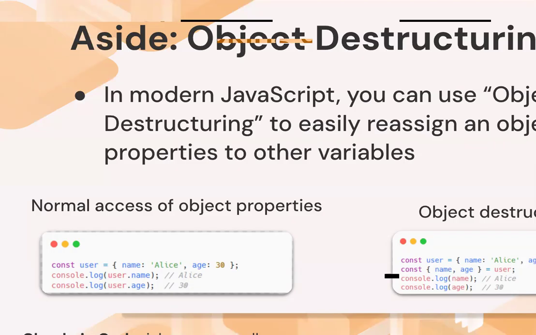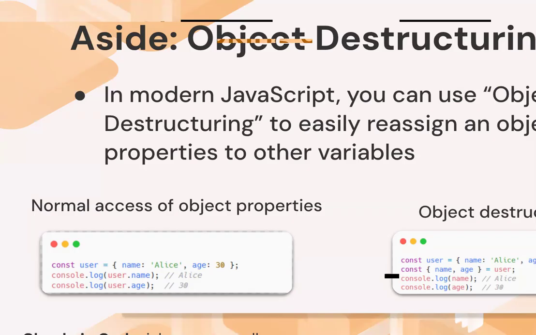And this is how you easily reassign an object's properties to other variables. So instead of manually accessing each property from an object, destructuring lets you unpack values directly into your variable in one line. So for example, if we have an object like const user, you can unpack the name and age fields from user in one line instead of accessing it through user.name and user.age.